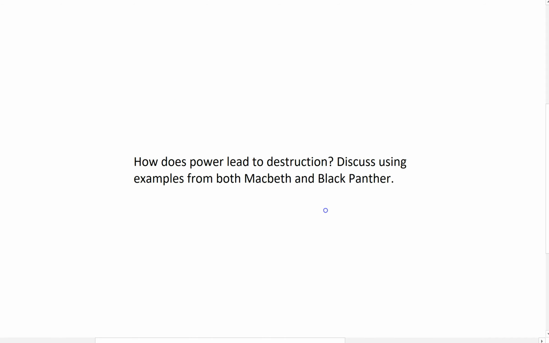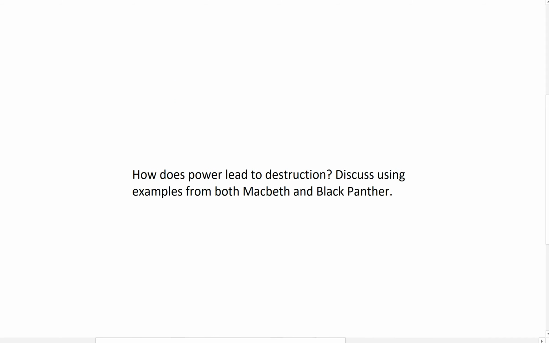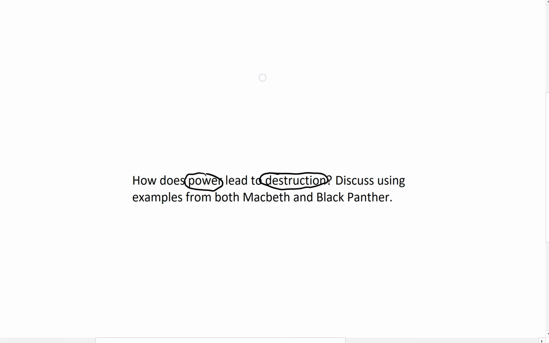So we need to first work out, okay, what are the key ideas? And I'm going to circle, you can underline, you can highlight, but really we're looking at the relationship between power leading to destruction. So if we unpack power, what's it really asking? So how does being power hungry, perhaps?